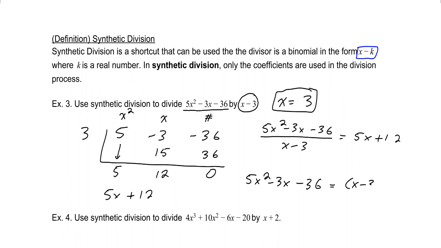Our divisor times our quotient plus 0. So the solution when we say divide these is the quotient. That is our quotient. However, the division algorithm is very important with seeing what's going on.